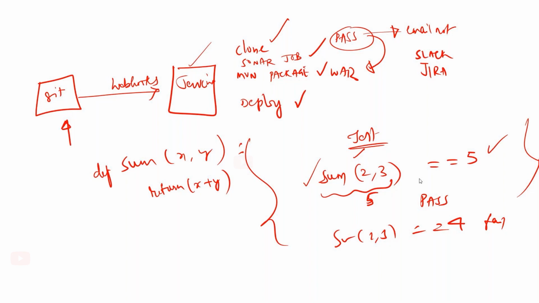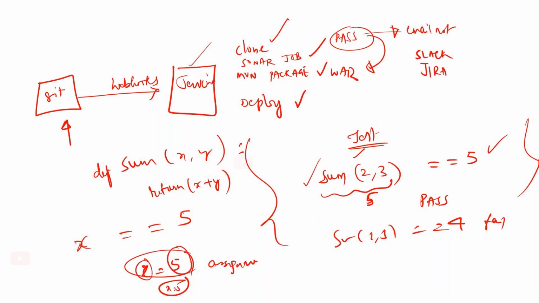If you want to see whether x is equal to 5, you use a comparison. But if you write x equal to 5 with a single equals sign, this is not comparison. This is called assignment. That means I'm assigning 5 to x. But here I'm not setting 5 to x. So x can be 4, and 4 equal to 5 is false. If 5 equal to 5, it is true. But x is equal to 5 as an assignment means x is given the value of 5.